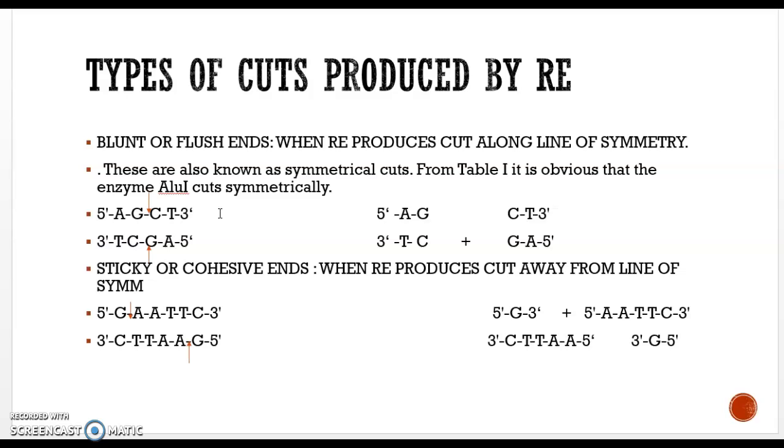In the middle of each and every palindromic sequence, there is a line of symmetry. If restriction enzymes produce a cut along the line of symmetry, then we get flush or blunt ends. Similarly, if these restriction enzymes produce a cut away from the line of symmetry at the ends, then these produce sticky or cohesive ends.